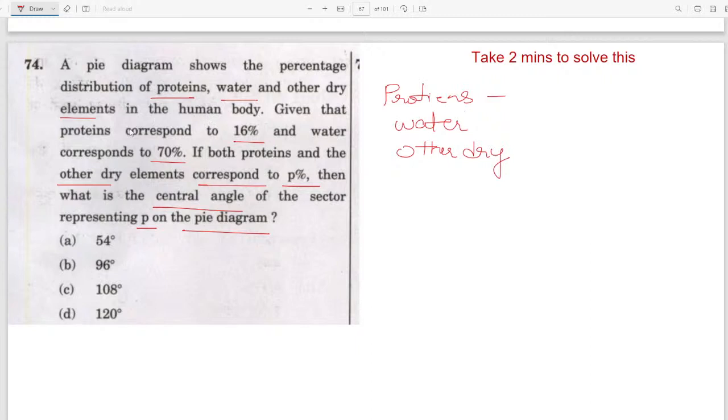So proteins is 16% and water corresponds to 70%. And other dry, they have not given, but since there are only 3 components here, other would be 14% because total has to be 100%. So 16 plus 70 is 86. And to become 100, another 14% should be dry.